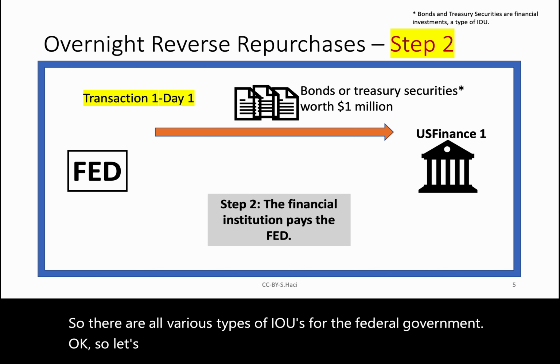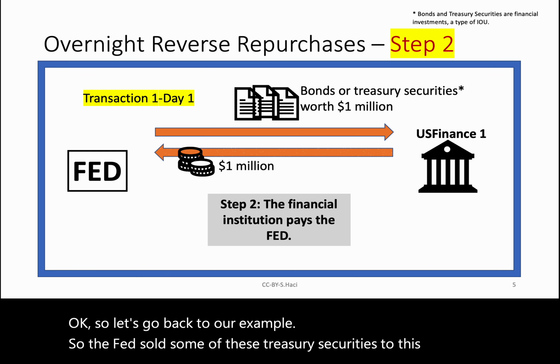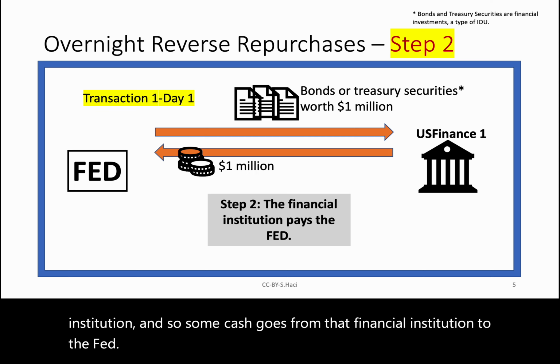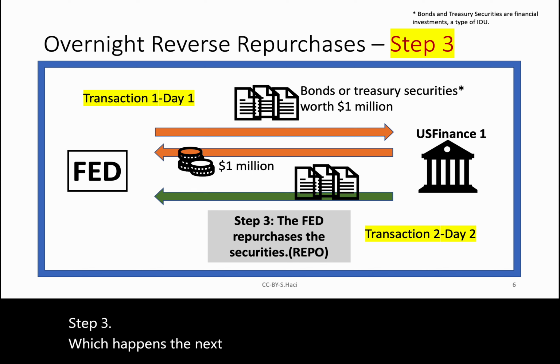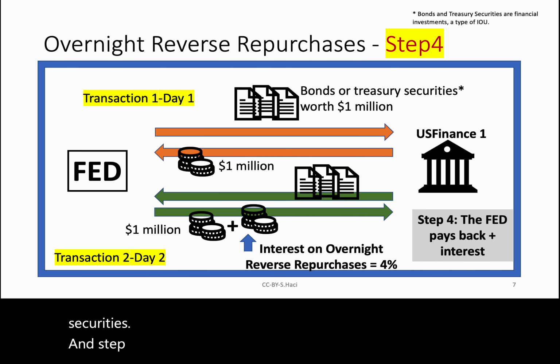Okay, so let's go back to our example. So the Fed sold some of these treasury securities to this financial institution, and so some cash goes from that financial institution to the Fed. Step 3, which happens the next day, the Fed will repurchase the securities. And step 4, the Fed will give the $1 million back plus some interest.